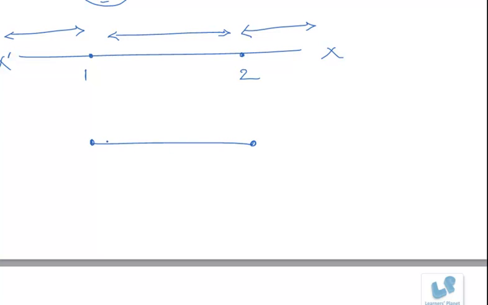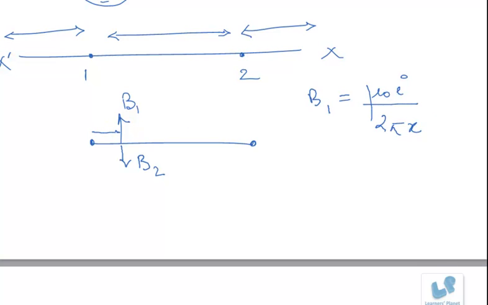Okay, so if in between, you find out B1 is always upwards and B2 will be always downwards. So B1 is given by mu naught I upon 2 pi x.